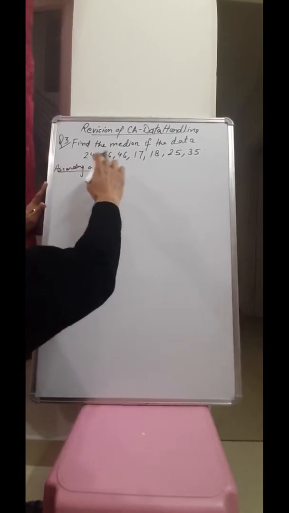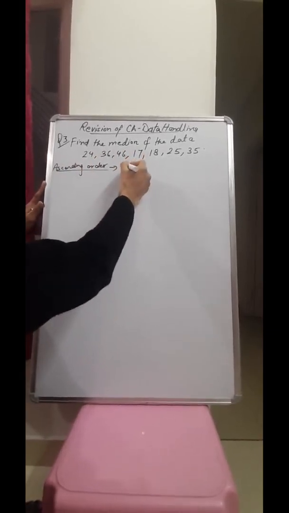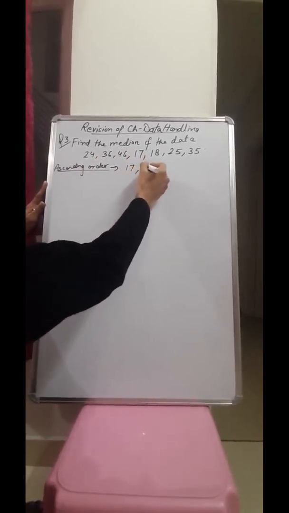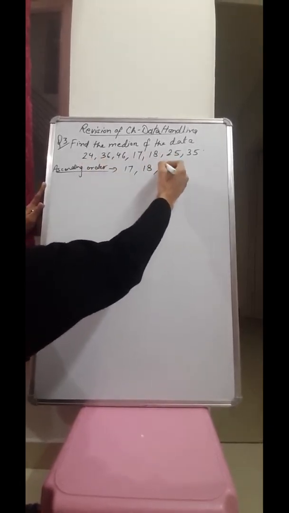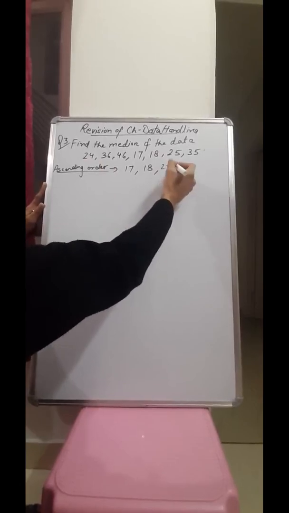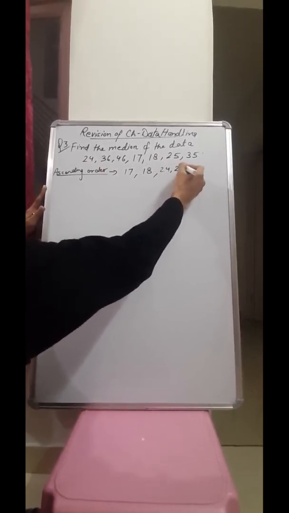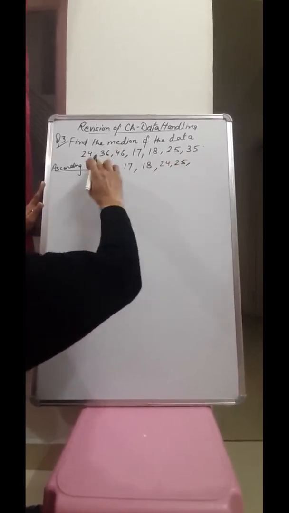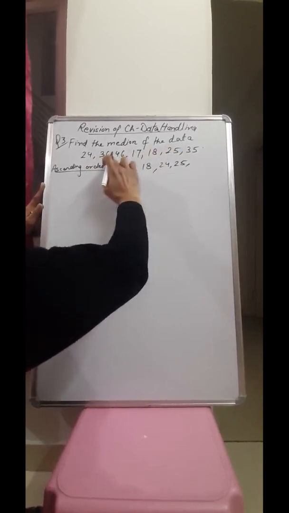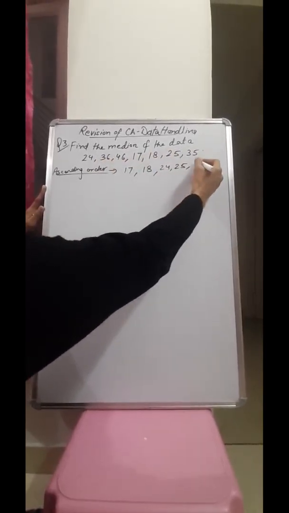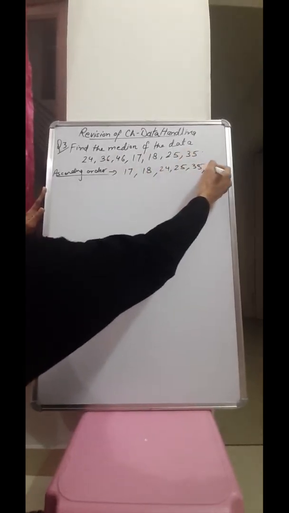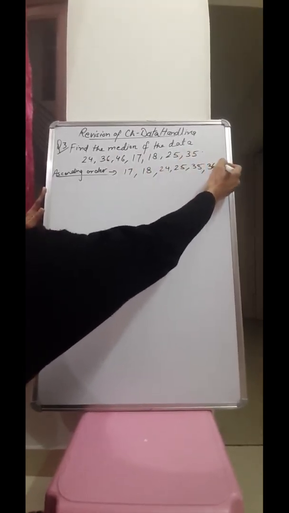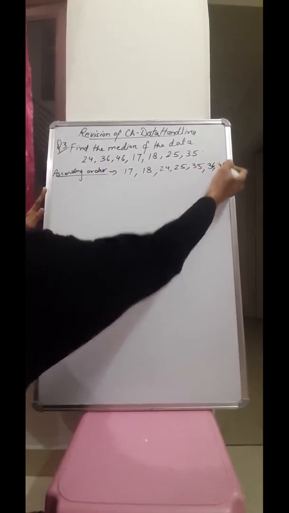Ascending order means smaller to greater. So the smallest is 17, next is 18, next is 24, next highest is 25, next highest is 35, next highest is 36, and the highest number is 46.